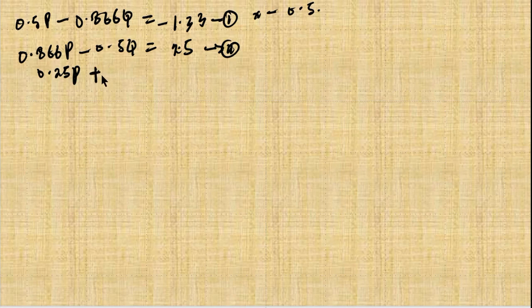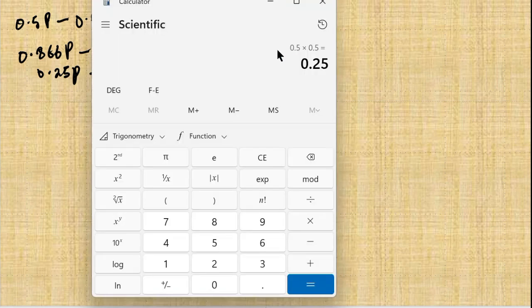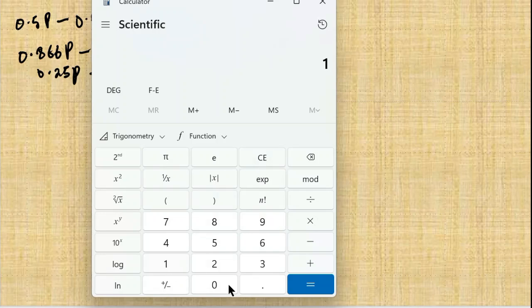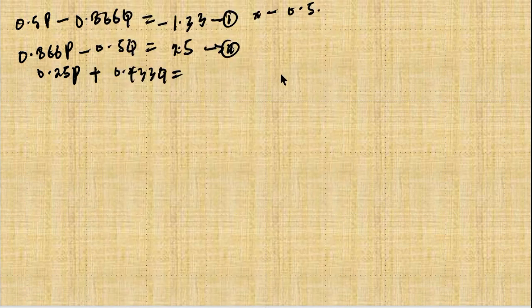Minus times minus becomes plus, and I have 0.866 times 0.5, that's 0.433Q equals 1.33 times 0.5, that equals 0.665.